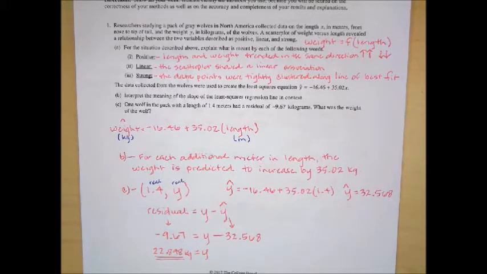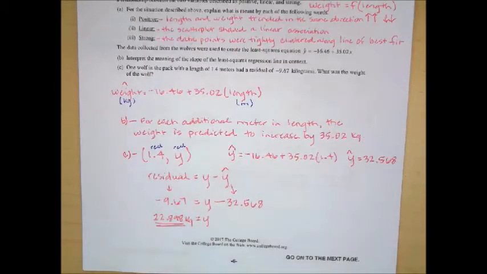They told us the value of the residual, so I substituted. They didn't tell us, but we could figure out the predicted value of y, the y hat. So what we're actually solving for is the wolf's real weight, the real y. So you just solve for y. And that's it. So 22.898 kilograms.